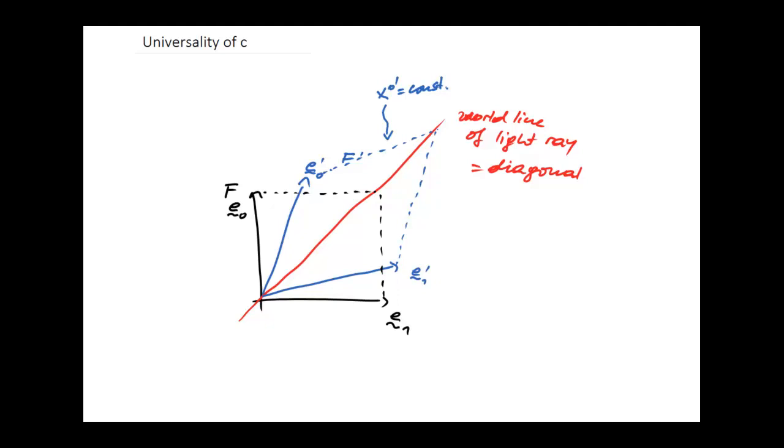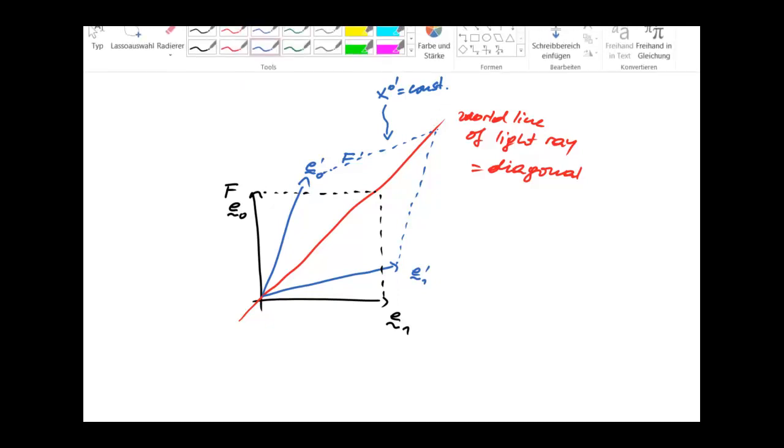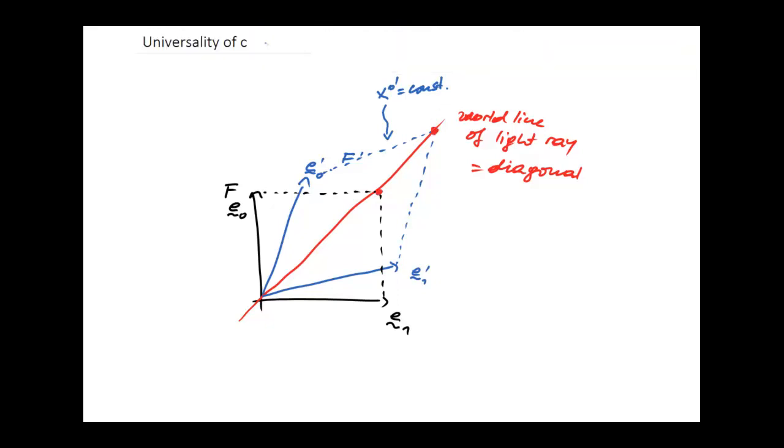If I go 1 unit of time in the primed frame, that means I go along this E0 prime basis vector. That's after 1 unit of time, and then I'm at this event here. This event is after 1 unit of time, or 1 unit of x naught, in the primed frame.